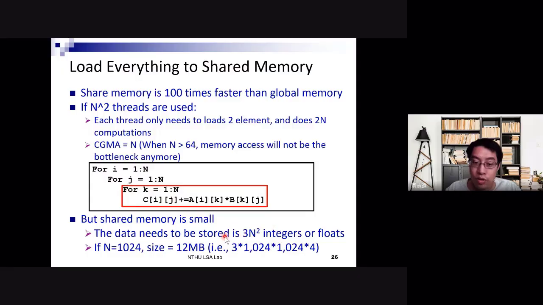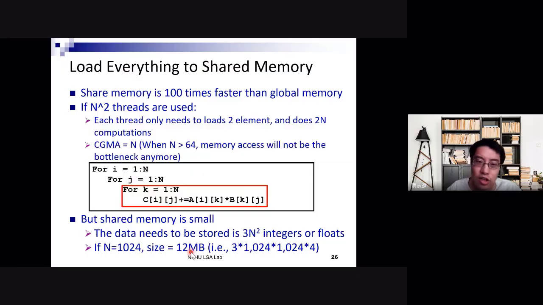And if you really calculate the size of the shared memory you need, you will find that you will require 12 megabytes of shared memory on a single block. That's the size on each streaming processor.